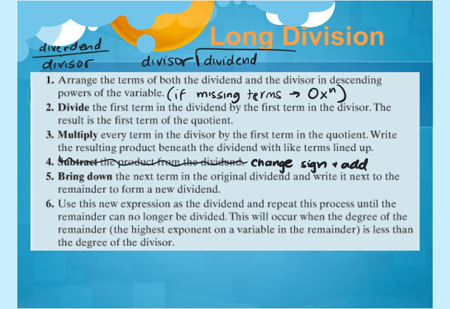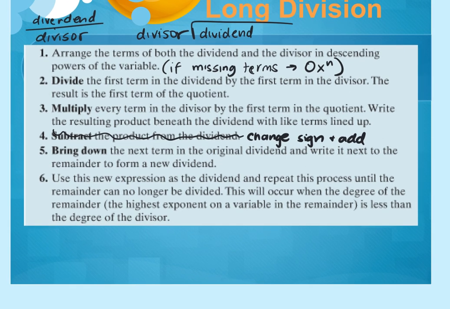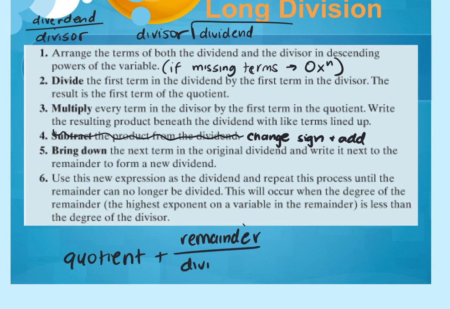And then you bring down the next term and you repeat that process until the power on the outside has become bigger than the power you're dividing into. That's how you would know to stop. We don't do negative exponents here. And you will write your answer as quotient, which is what's at the top, plus remainder over divisor.